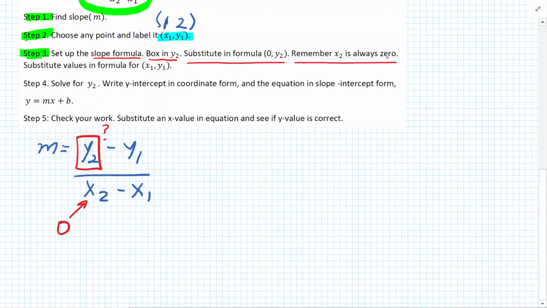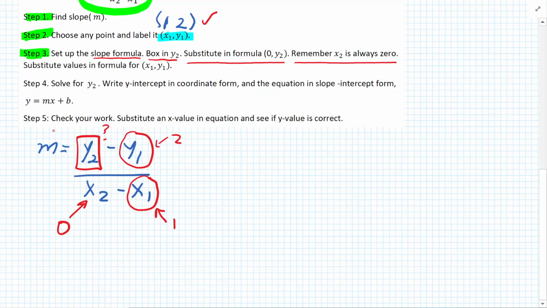Substitute values in the formula for x1, y1. Okay, that's this right here. So x1, I'm going to circle it. It is the value 1. y1 will be the value 2.